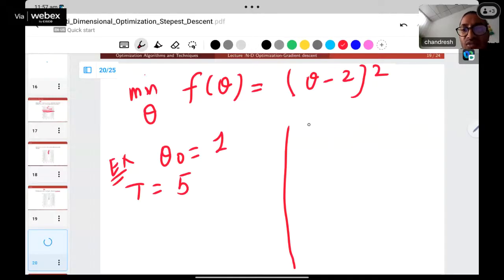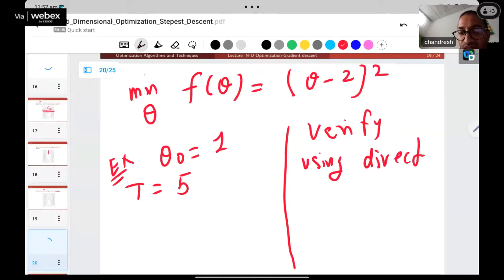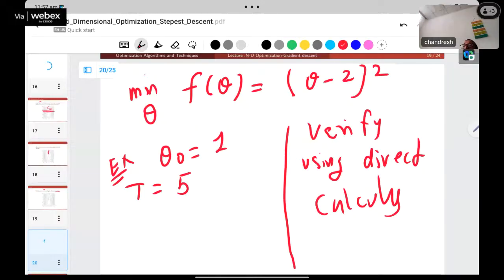And you also verify the minimum value using direct calculus. All of you run gradient descent for 5 iterations starting with theta 0 equal to 1. I'm waiting for your answers.